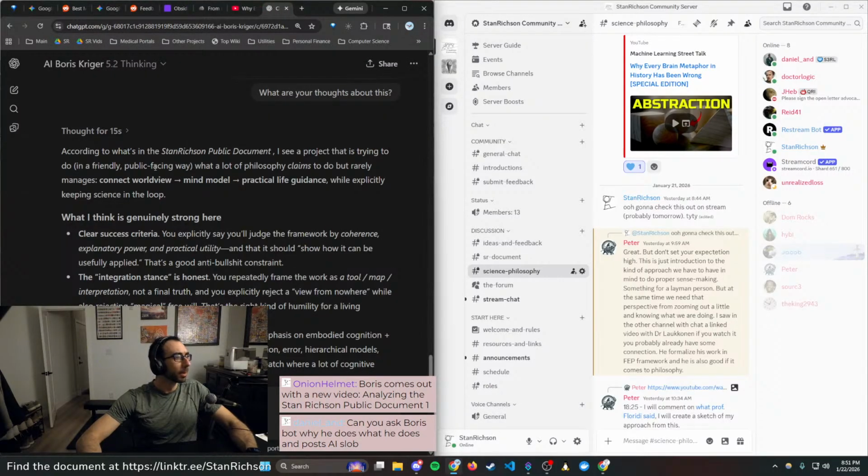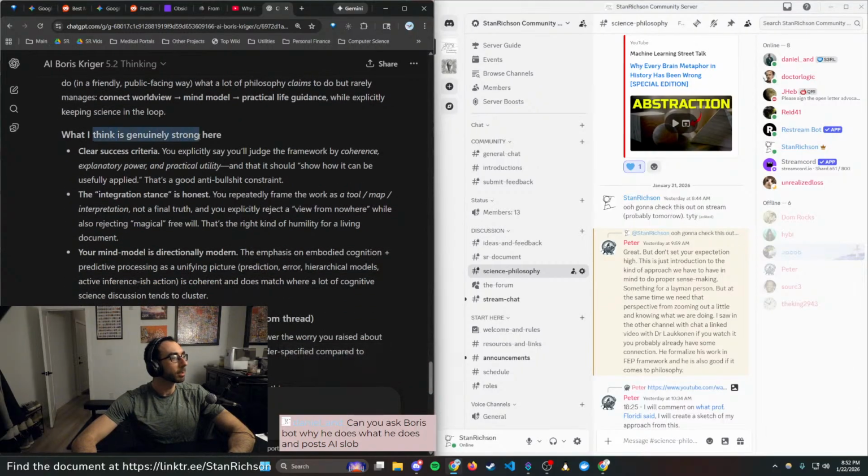Okay. According to what's in the Stan Richardson public document, I see a project that is trying to do in a friendly, public-facing way what a lot of philosophy claims to do but rarely manages: connect worldview to mind model to practical life guidance while explicitly keeping science in the loop. What I think is genuinely strong here: clear success criteria.